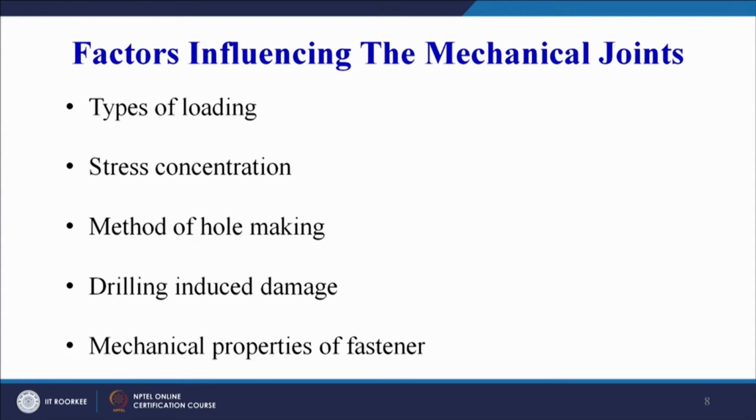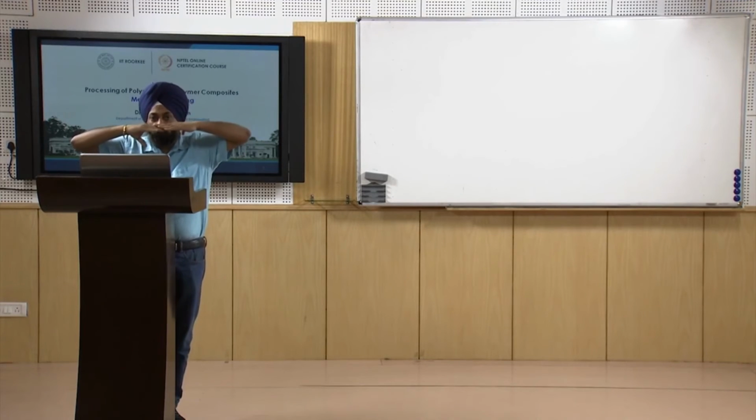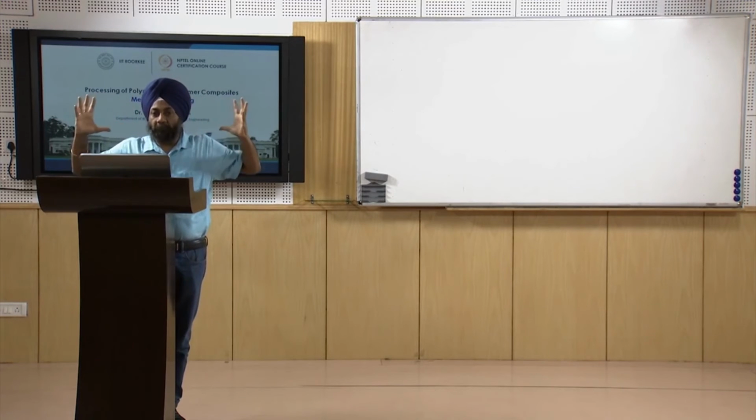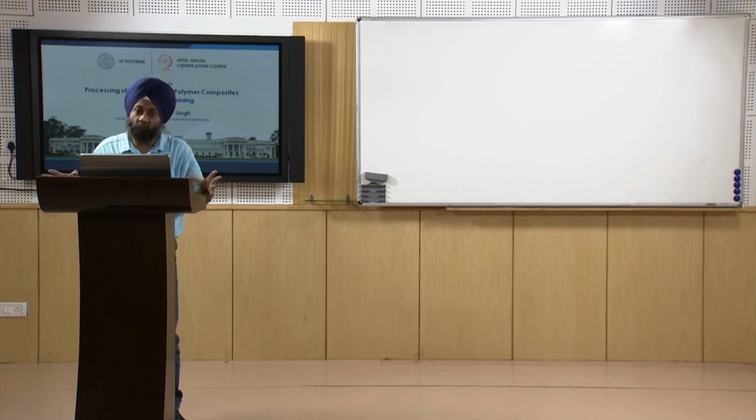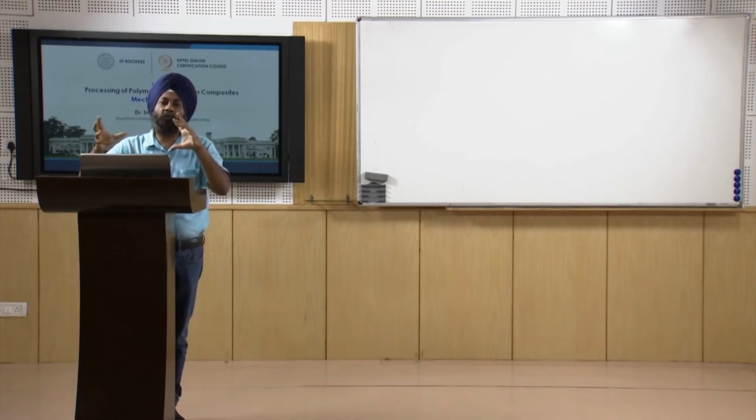Now we can have a tensile type of loading on the two members, we can have a compressive loading, a flexural loading, out of plane loading, then we can have impact loading, and fatigue type of loading. So different types of loads can act on the composite joint made using a mechanical fastening technique.